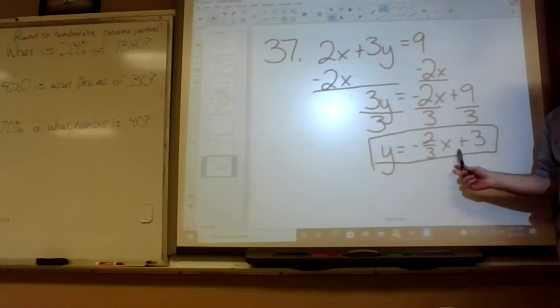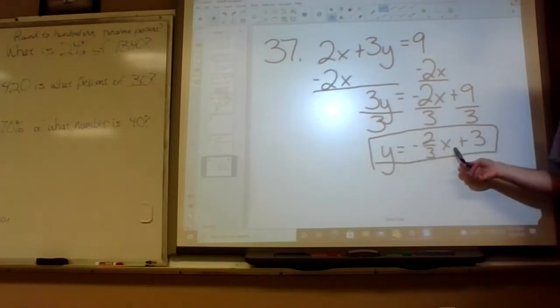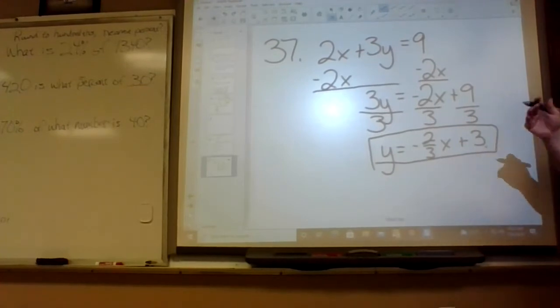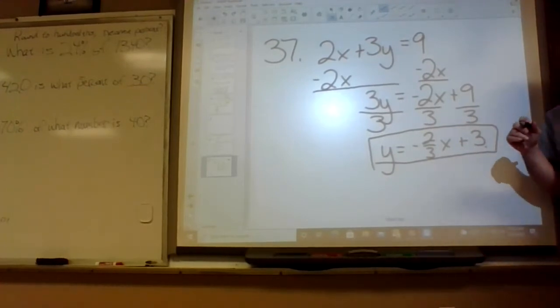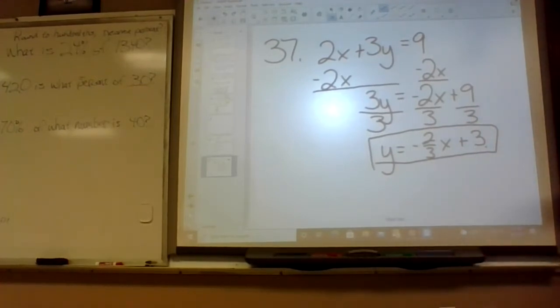Now, do you guys remember how this is not the answer. This is what we're ready to graph. How do we graph this? You start out going up 3. Go up 3. So on your graph, if you make your cross, go up 3 and put a dot.